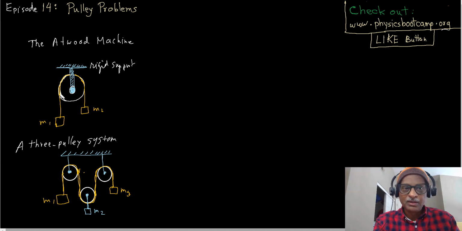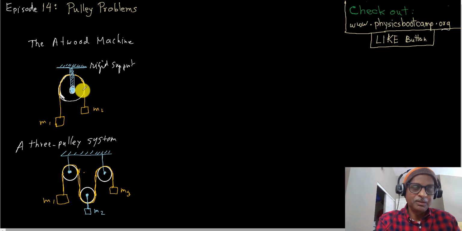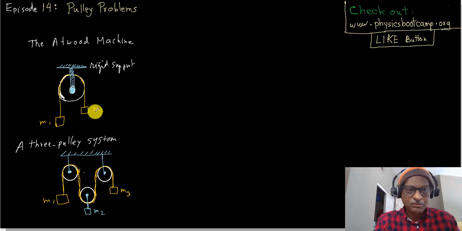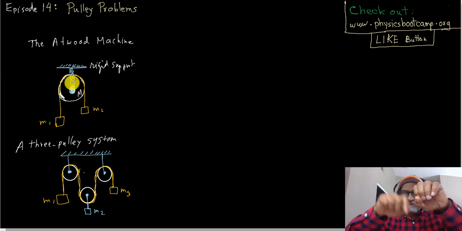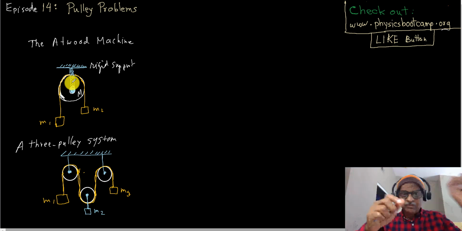And sometimes when you do the problem initially, you say no friction at the axle and no mass. But we're going to say there is a mass here, and we'll take care of the friction here. The friction will be all around the axle, right?